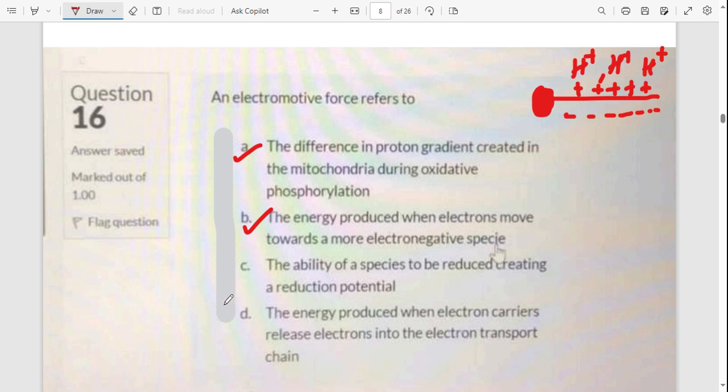Reduction is gain in electrons. So when there is the creation of a reduction potential, that is what we call an electromotive force. The energy produced when electron carriers release electrons into the electron transport chain. This is of course true. So that energy produced, that is an electromotive force.